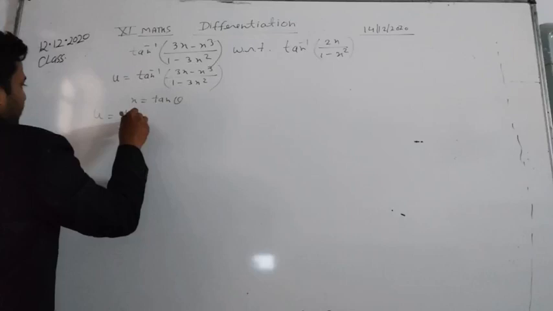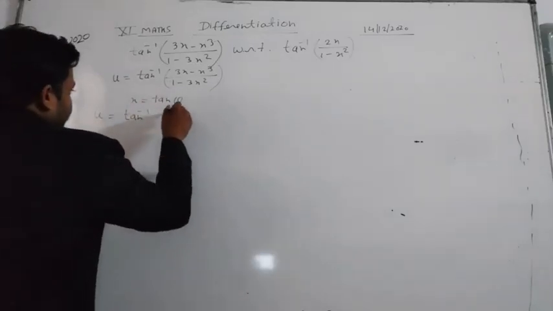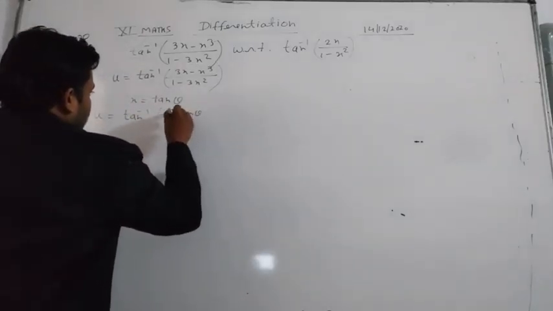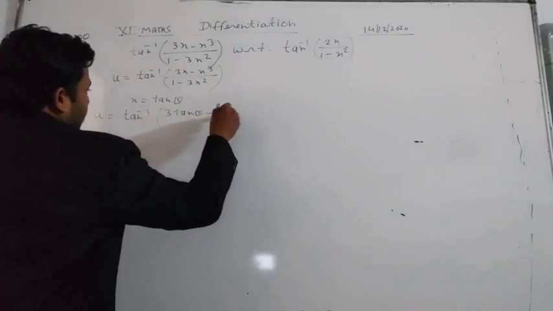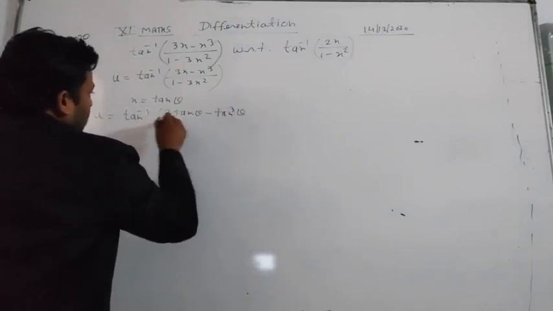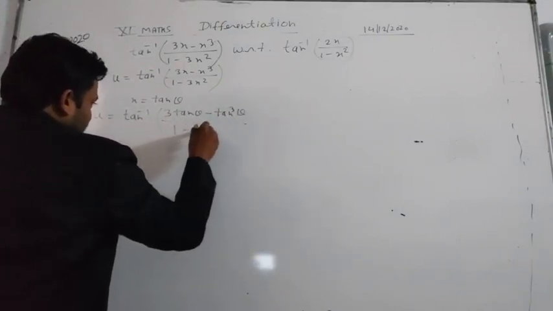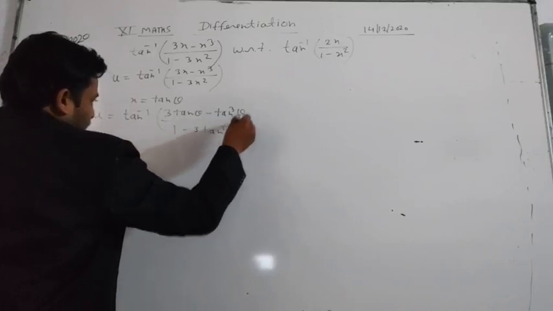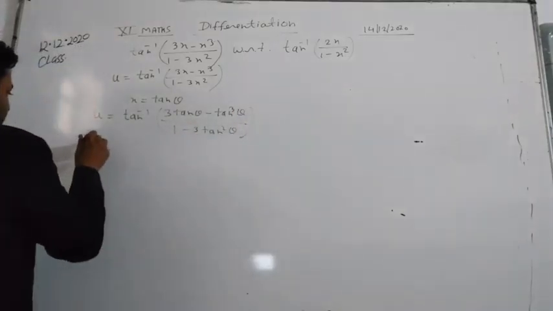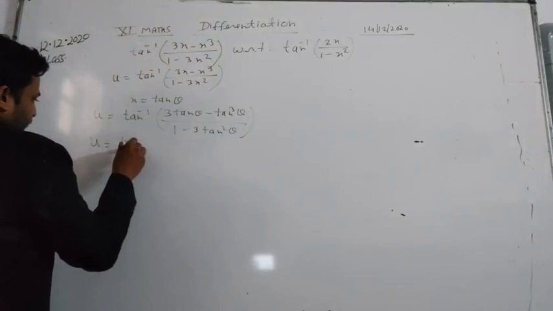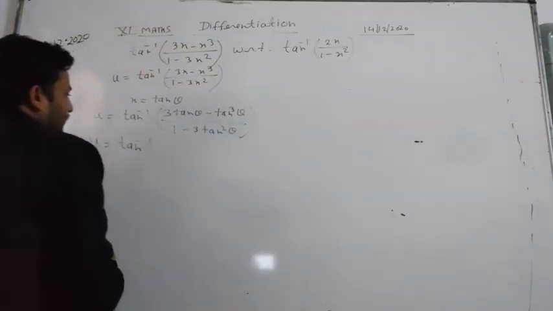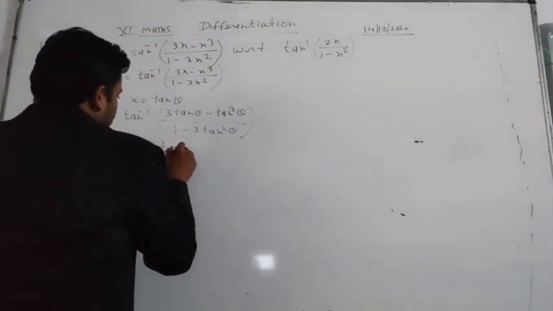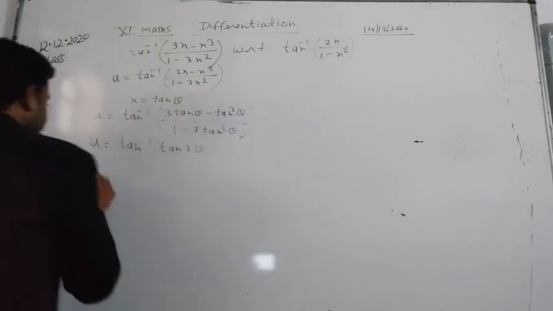So u is tan inverse 3 tan theta minus tan cube theta over 1 minus 3 tan square theta. Tan inverse, this is tan 3 theta.